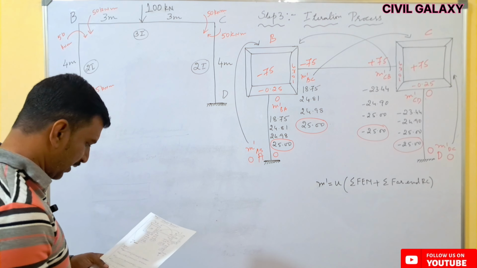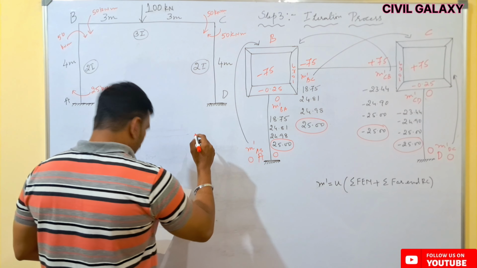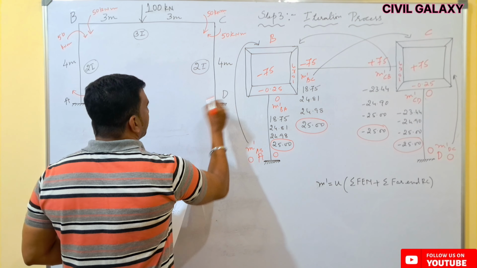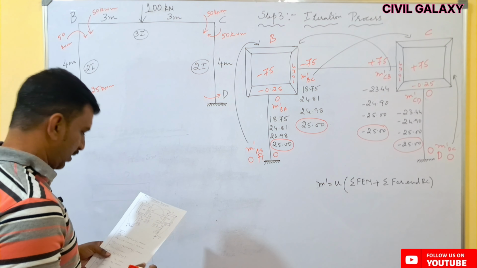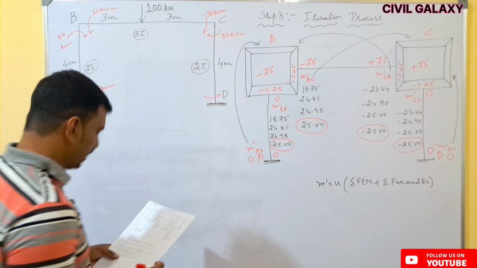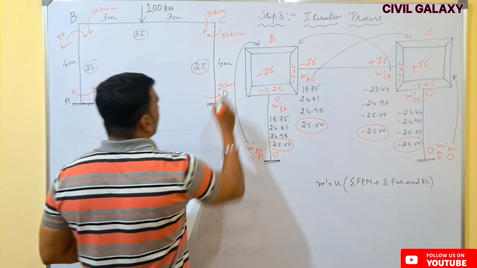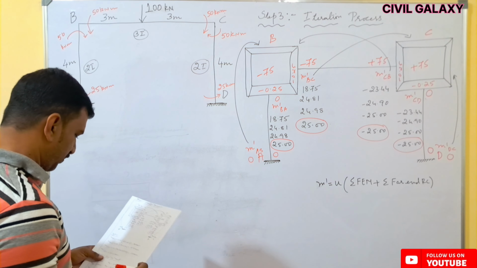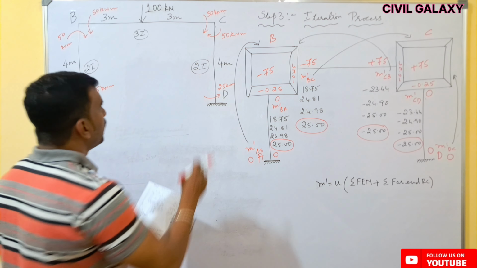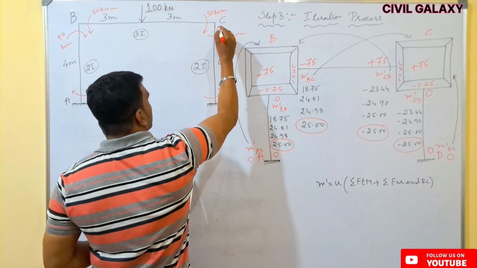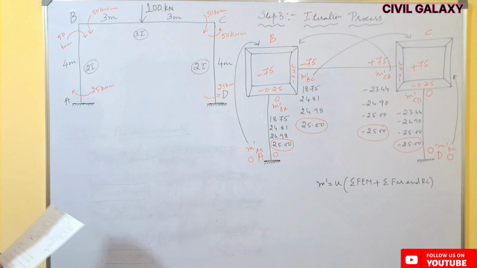From D to C we have anti-clockwise again, minus 25 kilonewton meters. Sorry, for C to D here it is negative, which is minus 50 kilonewton meters.